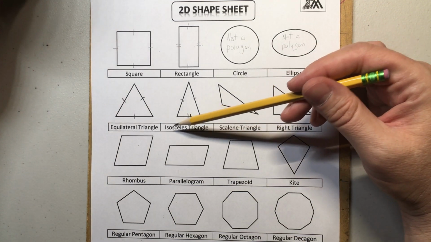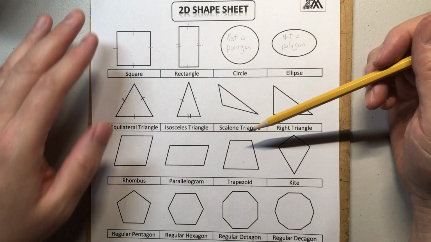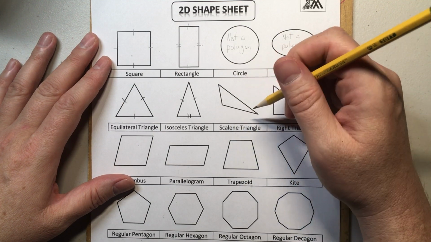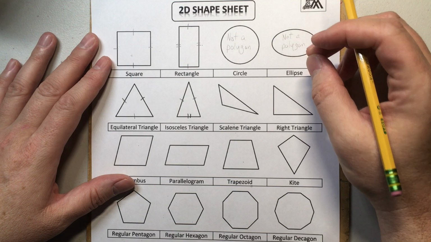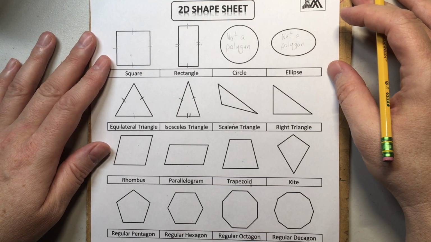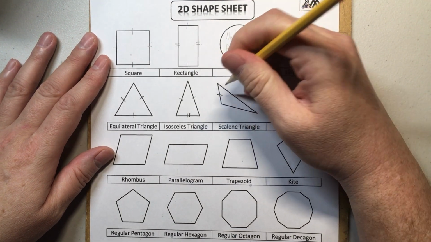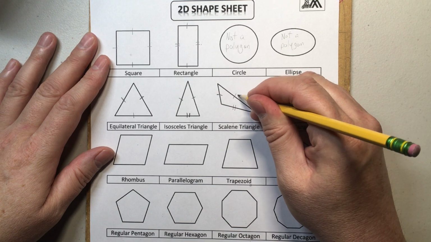Isosceles triangles always make kind of like a point. Scalene triangle, on the other hand, all three of these sides are not equal to each other. None of the sides equal each other in length. So this side does not equal this side, does not equal this side, you see?